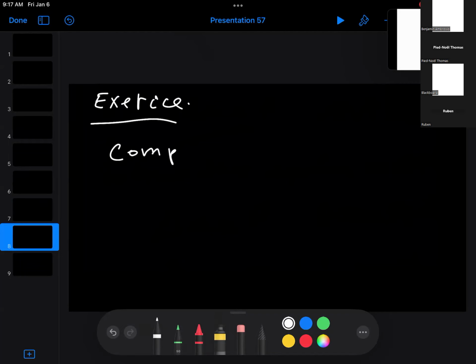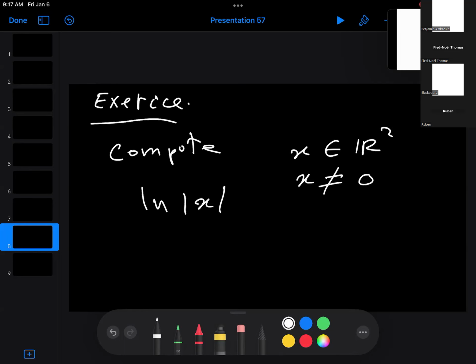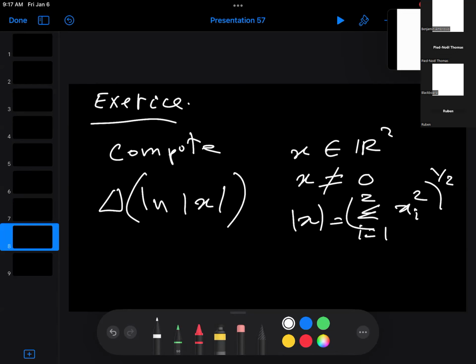Compute the log of the norm of x, where x is in R2, x is non-zero, and this is the usual norm. So compute the Laplacian of this thing. Okay, so try to do that.